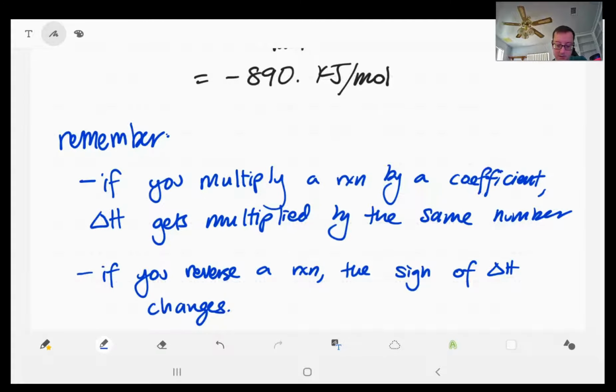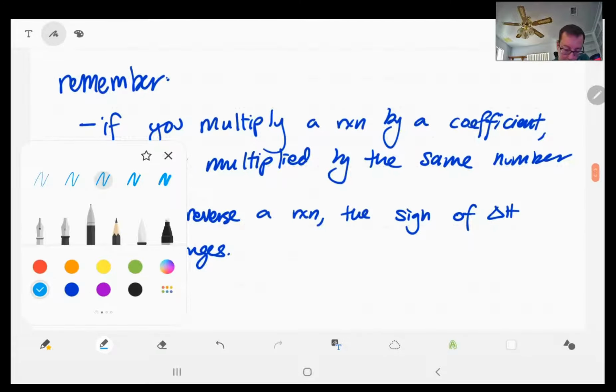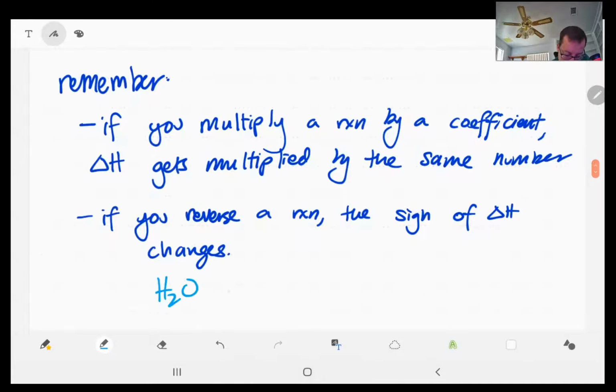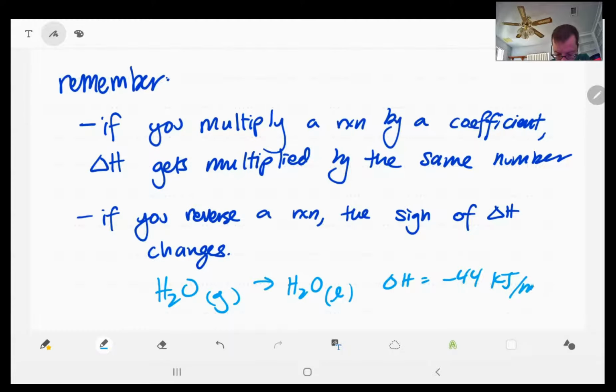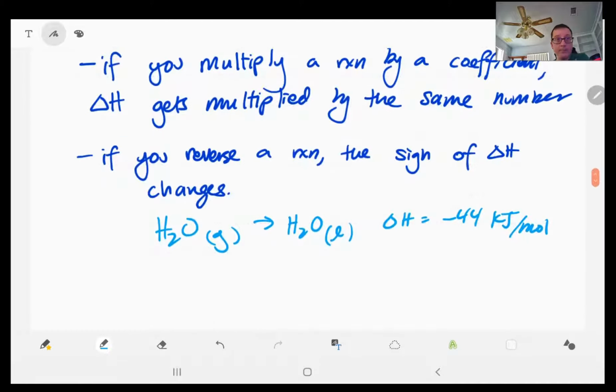So for example, we saw that our condensing water is exothermic. If we want to do the opposite reaction, if we want to boil our water, evaporate it, it's going to be an endothermic process, and it's going to take the same amount of energy.